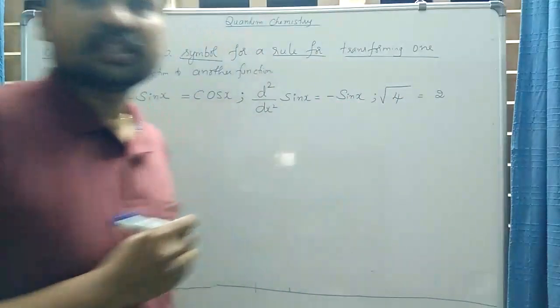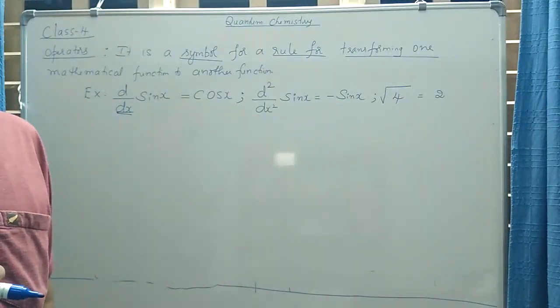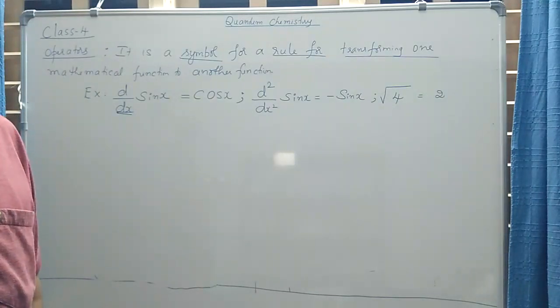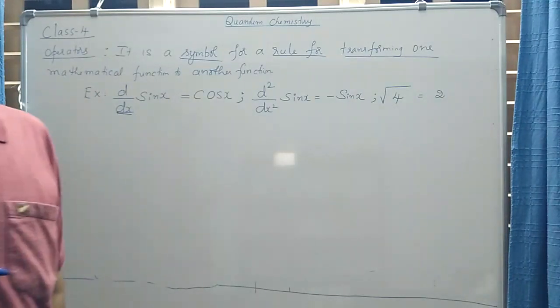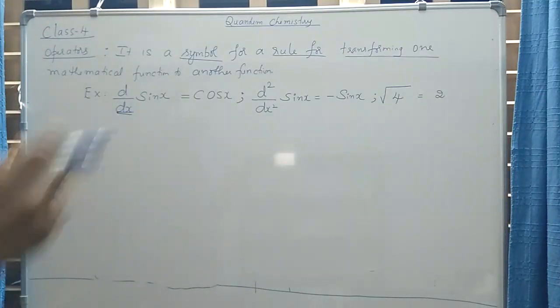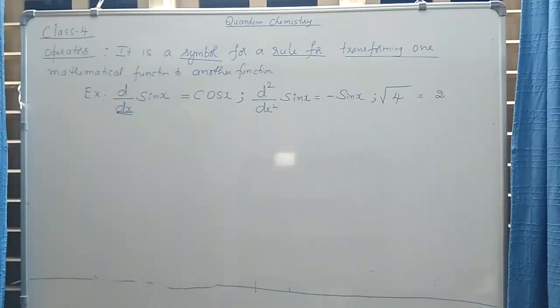Actually, there are two results, plus or minus 2. I will discuss those things later, where certain functions give two outcomes. Here I will only consider one result, that is plus 2.